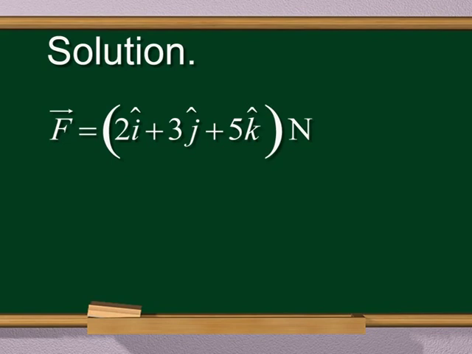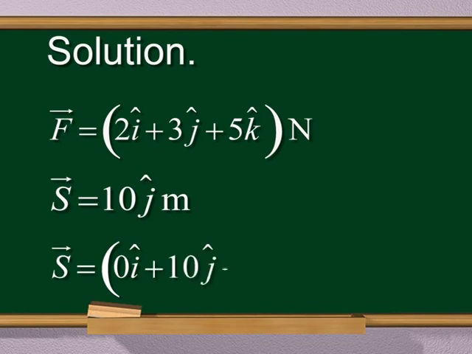Since the body moves a distance of 10 meters along the y-axis, the displacement of the body along the y-axis is vector S equal to 10J cap meter. Here the vector S can be rewritten as vector S equal to 0I cap plus 10J cap plus 0K cap meter.